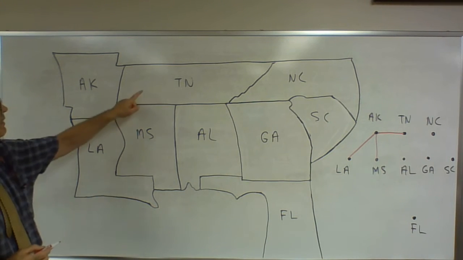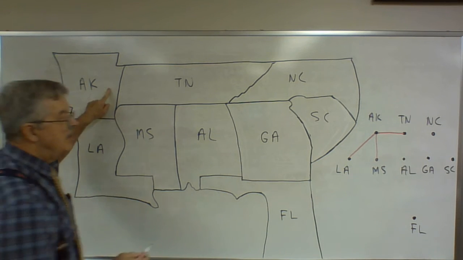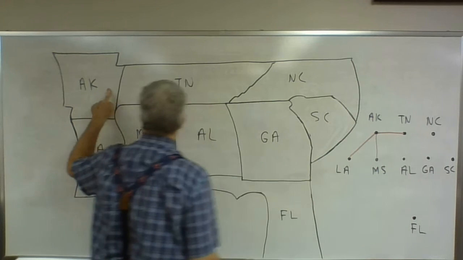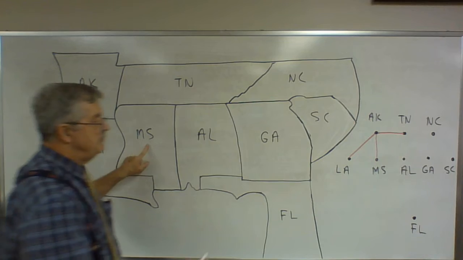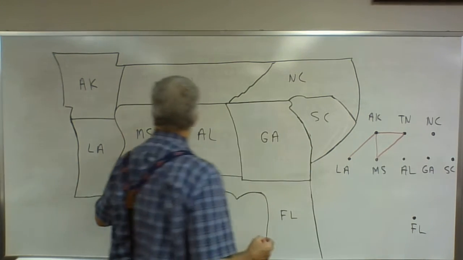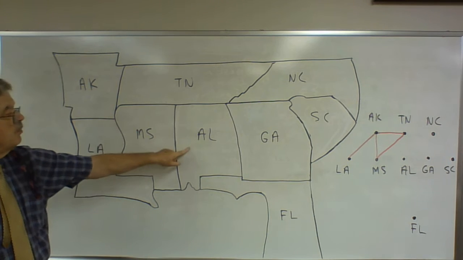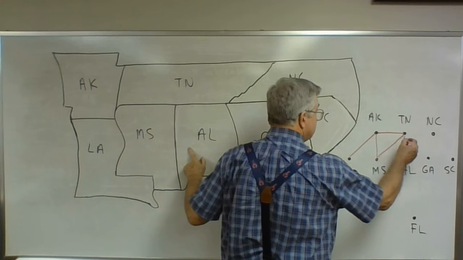Okay, let's look at Tennessee. Tennessee shares a border with Arkansas. We got that. Tennessee shares a border with Mississippi. We got to put that in. Tennessee shares a border with Alabama. We got to put that in.